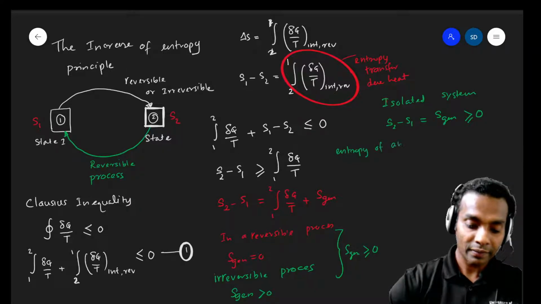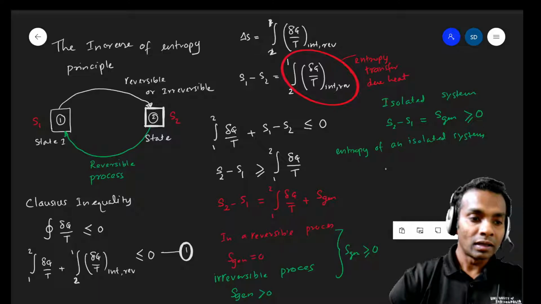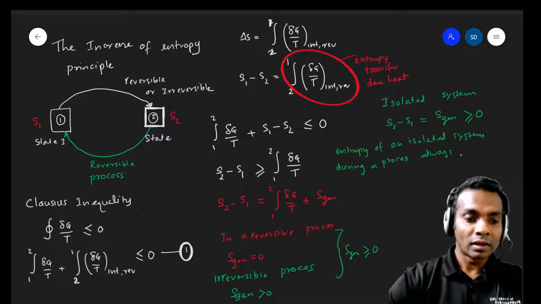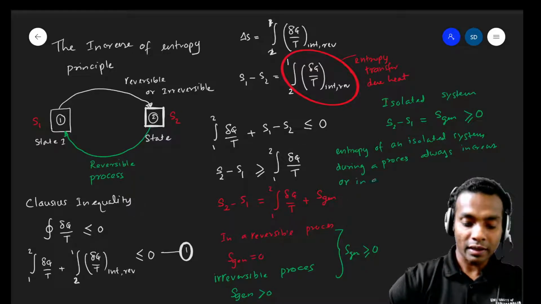So entropy of an isolated system during a process always increases, or in a reversible process remains constant.